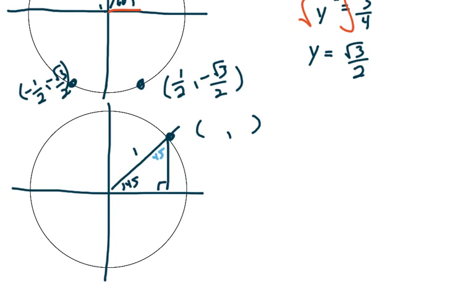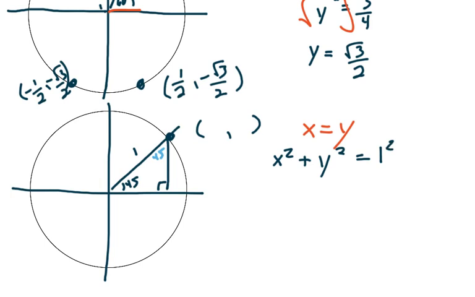Well, if you remember any of your properties about 45, 45, 90, or anything generally about 45, 45. So here, if these angles are the same, that means these side lengths have to be the same. So here, we're given that x and y have to be equal to each other. So our normal Pythagorean theorem is x squared plus y squared equals r squared, which is just 1 here, or 1 squared.